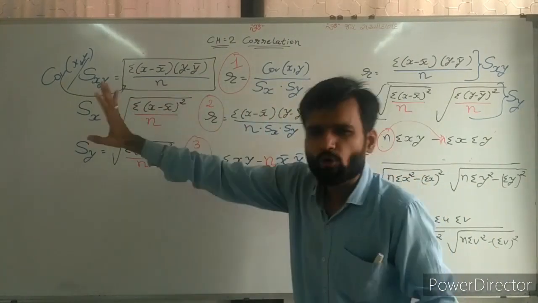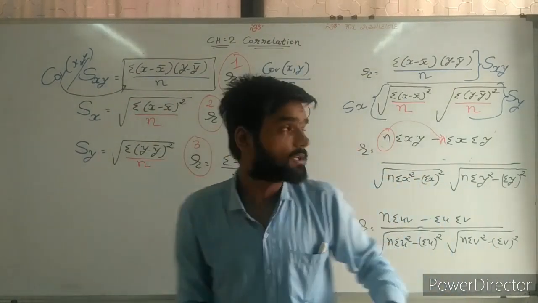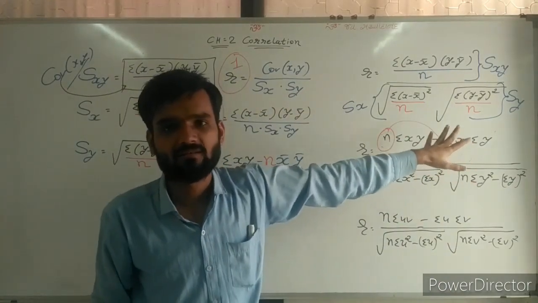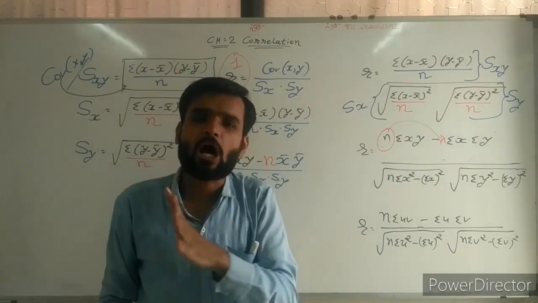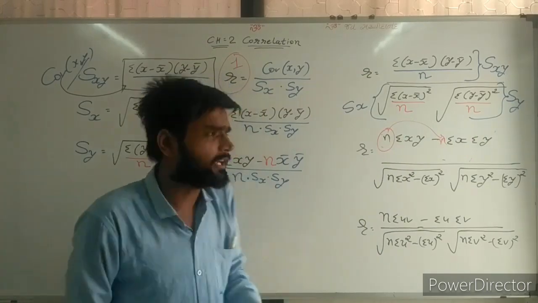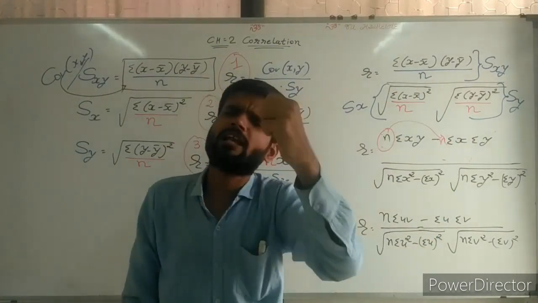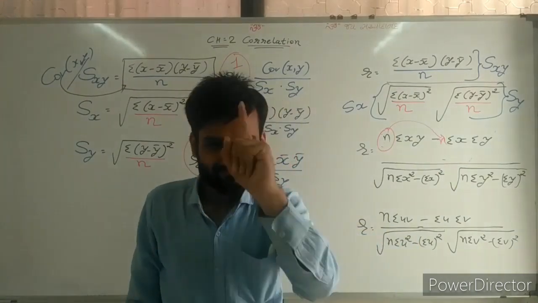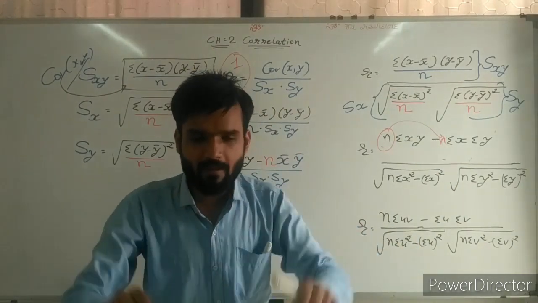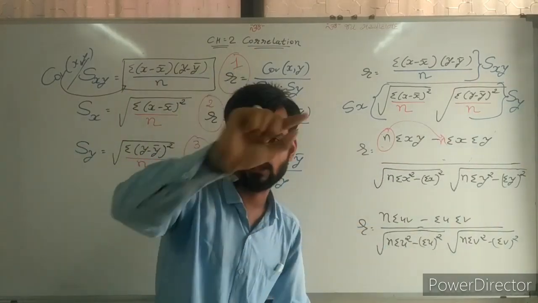These are generally for short sums. Now sir, how can we identify when we use these formulas or when we use this formula? Remember only one line of Kamal sir.